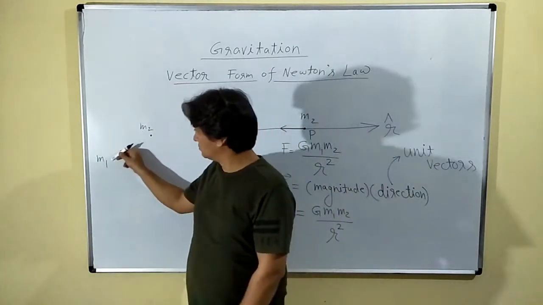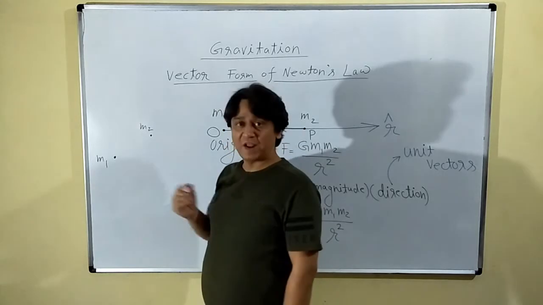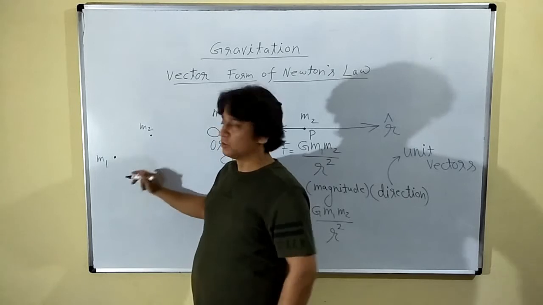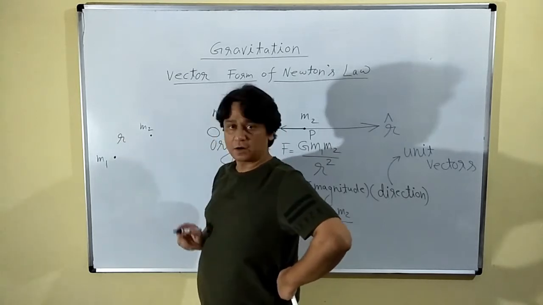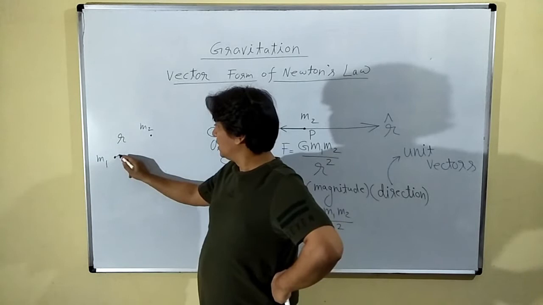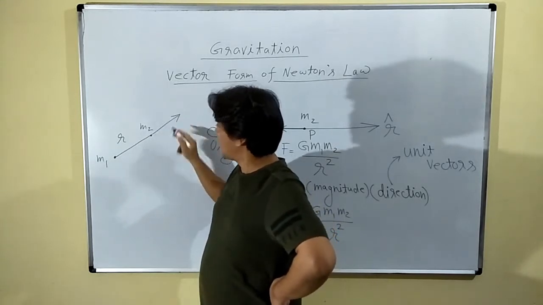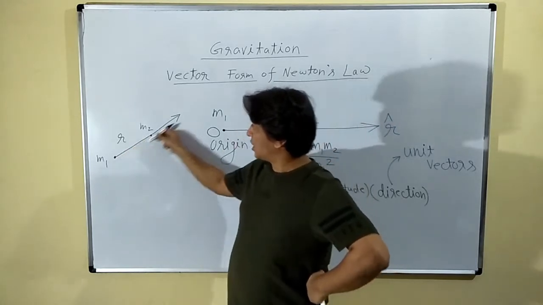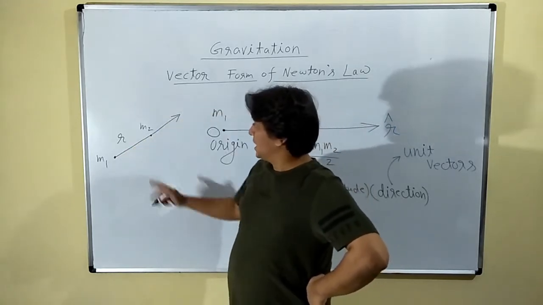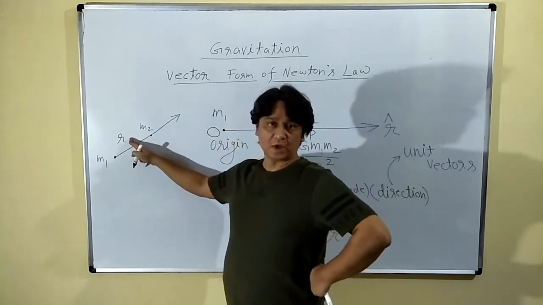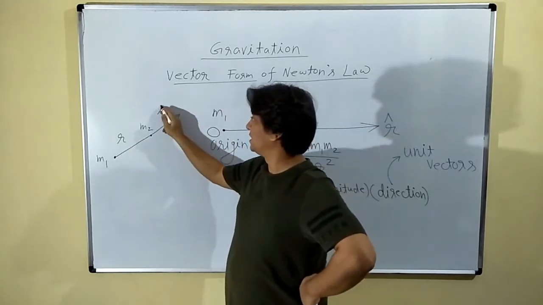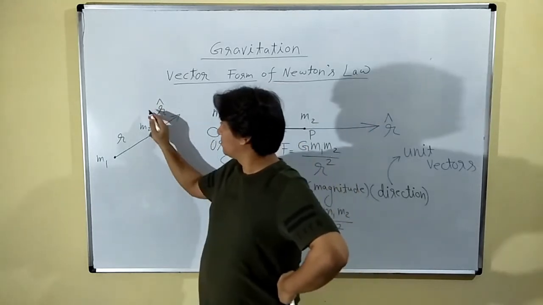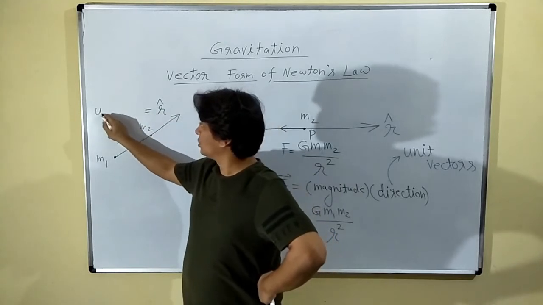But what about this? And therefore, what we have defined is, since separation between M1 and M2 is what? R. We have defined a directional vector, which is unit vector, which points away from M1. Since it aligns with R, we have given it a special name R cap. R cap is your unit vector.